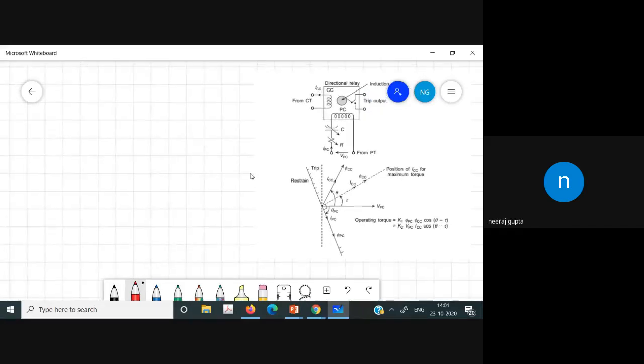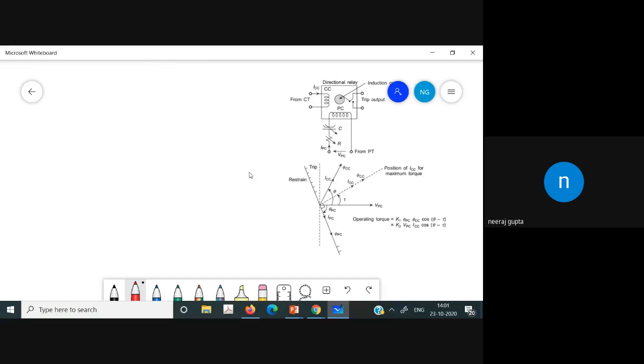We can discuss and draw the phasor diagram first, so we can understand the concept that lies in that.